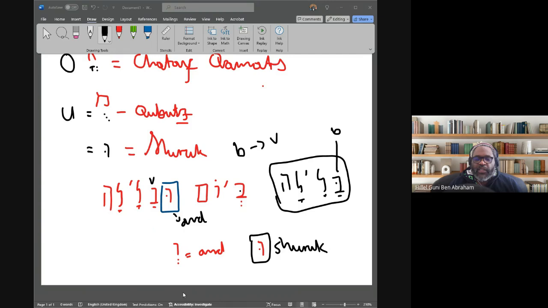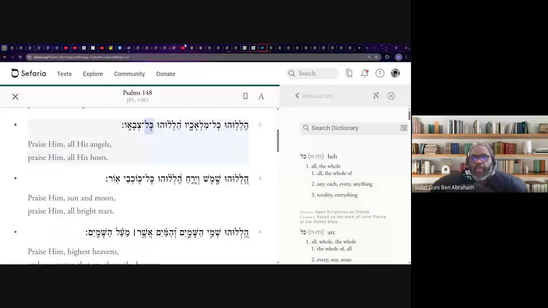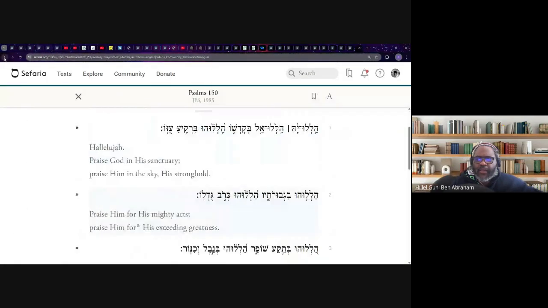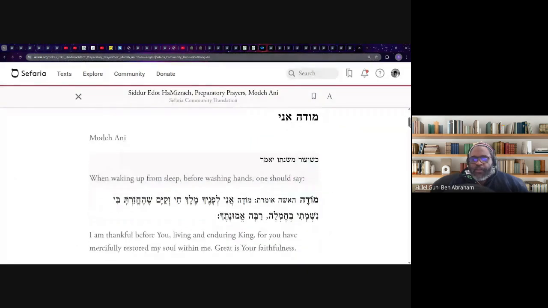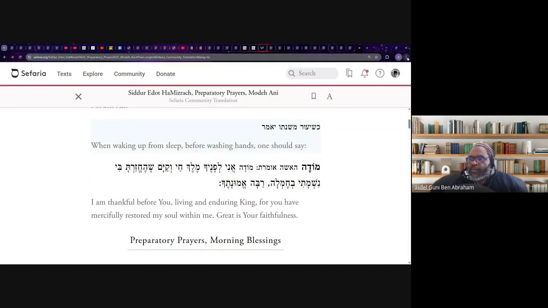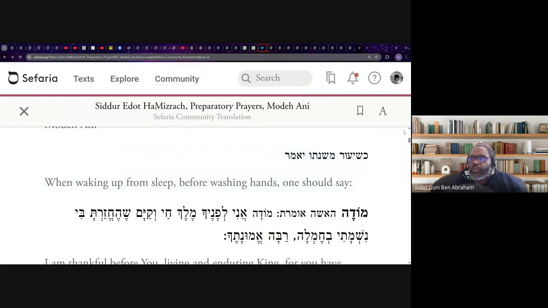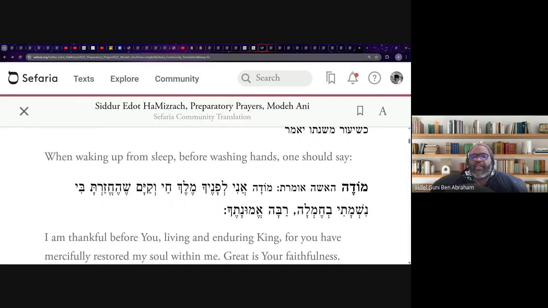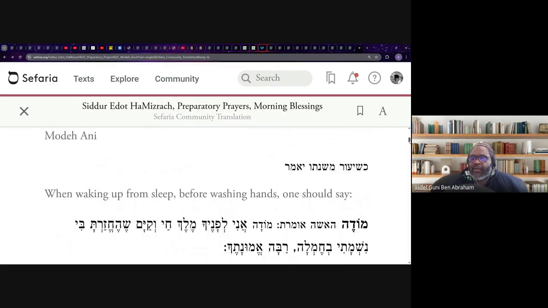All right, let's do some reading so that we can finish our lesson with some sort of achievement. Let's find our Sidur again, and let's go back to Modeh, the morning prayer. I'm going to make this bigger again so that we can all see it. Let me ask for volunteers. I think that's a little bit more friendly.